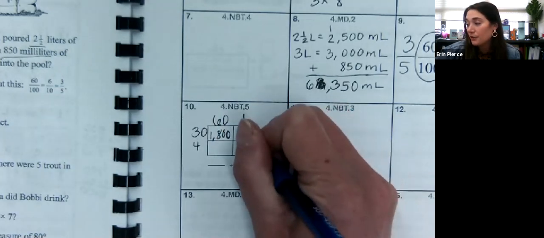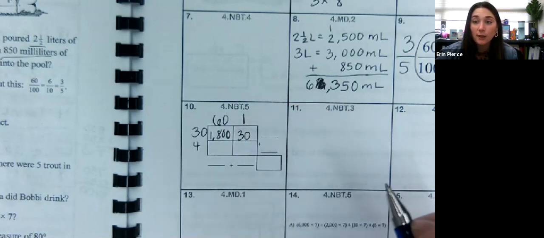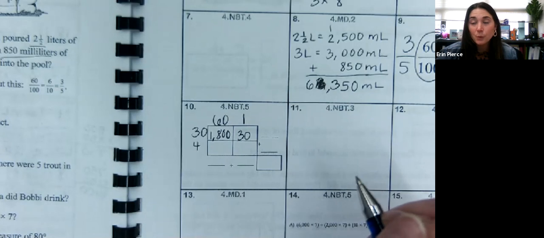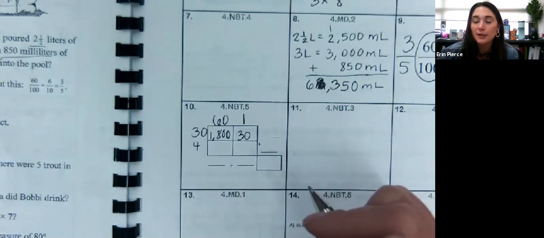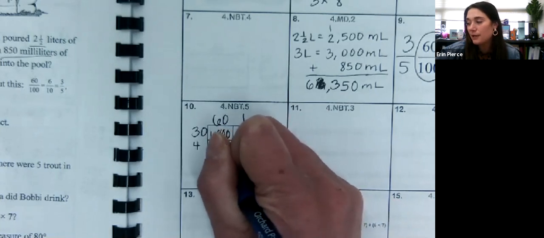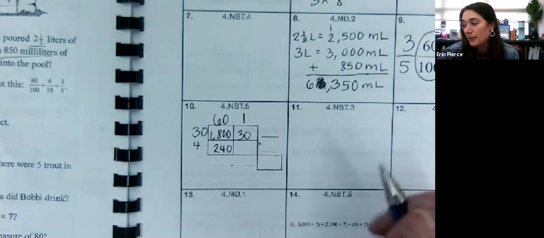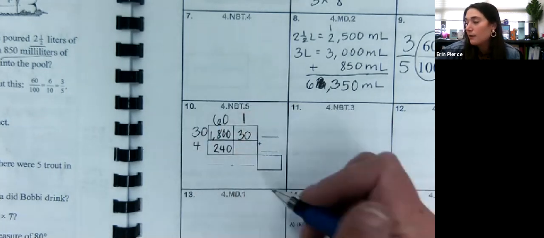You should have 30. 60 times 4. Well, I know 6 times 4 is 24. So 60 times 4 must be 240. And then last but not least, 4 times 1, 4.